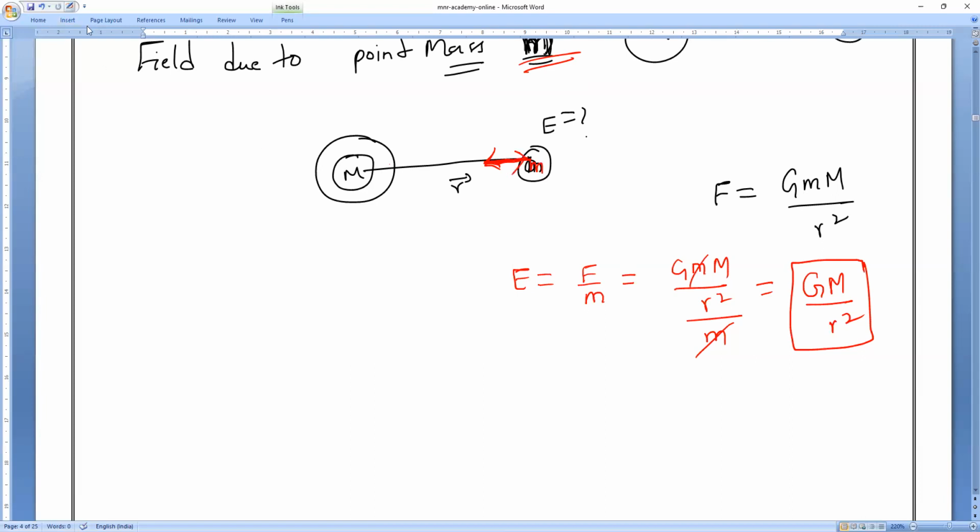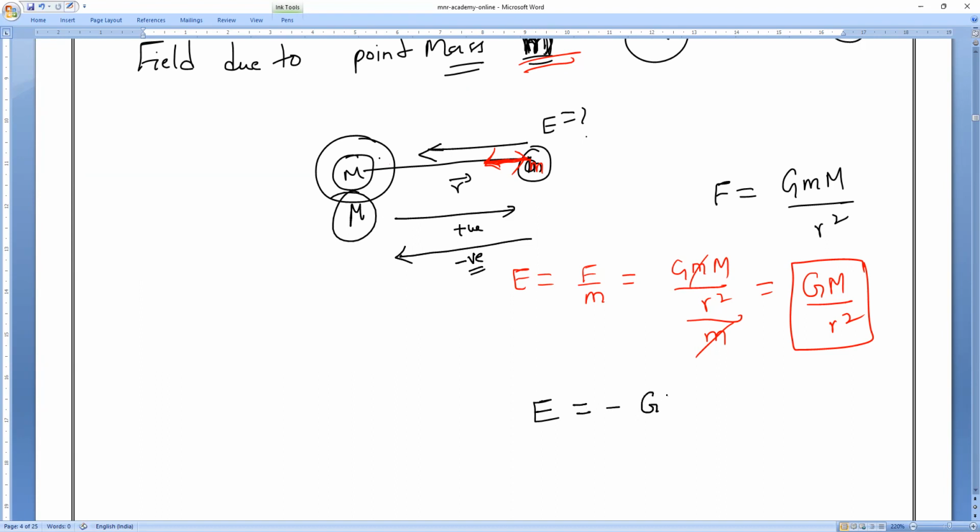So the gravitational field E is always acting towards the capital mass M. So if I take forward as positive, then backward, due to the small m, is negative. That is what you have to remember.